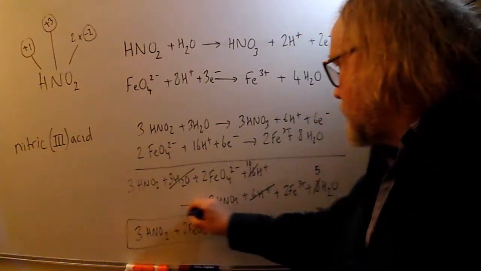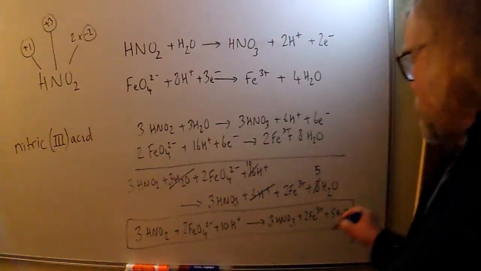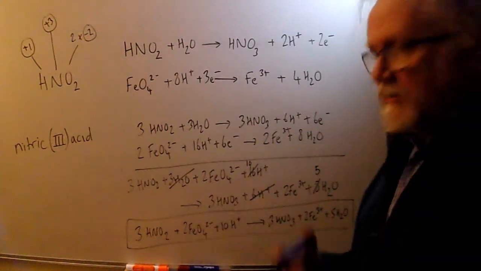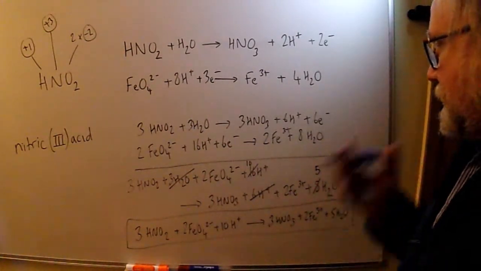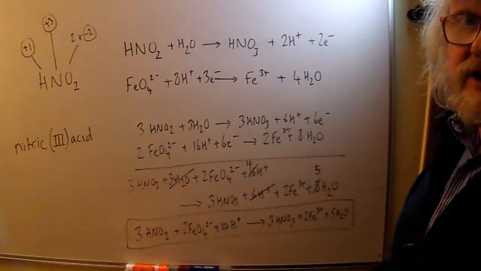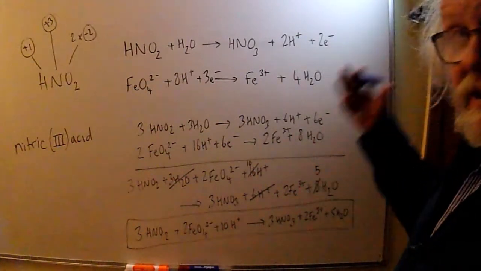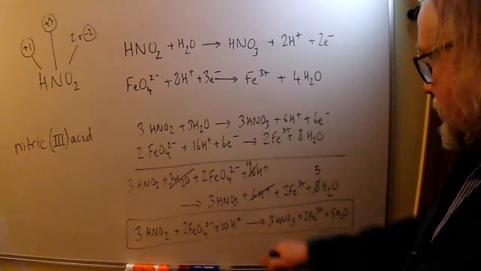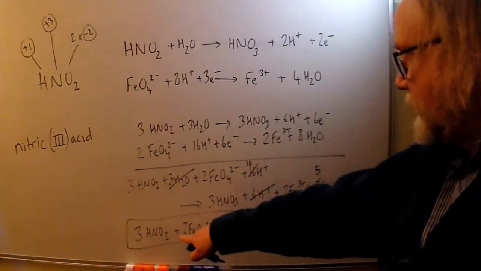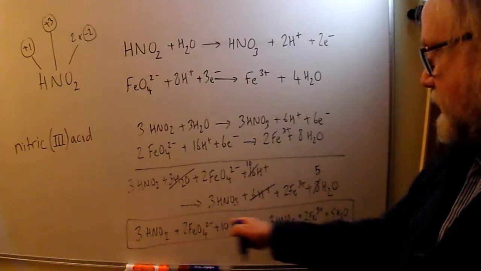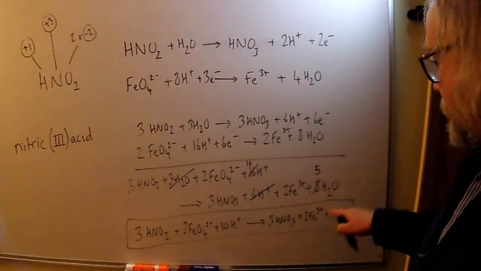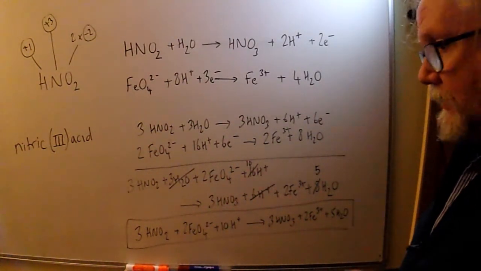And the final thing to do, in an ideal world you'd check all the balancing, but that's going to take quite a long time. But what you can do is just a quick check to make sure the charge is balanced, because most mistakes that you make will get picked up because it'll mess up the charge balancing. So we've got 10 plus and 2 2s are 4 minus, so 6 plus altogether on the left, 2 3s are 6 plus on the right, so that looks correct.